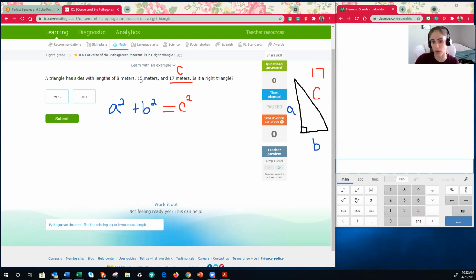It doesn't really matter which one you label A, which one you label B, just as long as those are both the legs and the longest one is your C, your hypotenuse. We'll go ahead and make 8 meters our A and 15 meters our B. Now that we've identified what our hypotenuse and our legs are, we can substitute, so replace our variables with these numbers and determine whether it's a right triangle or not.